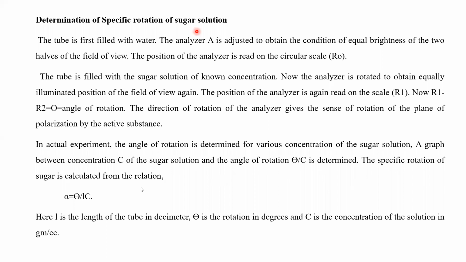The specific rotation is calculated as alpha is equal to theta by LC. Theta by c is determined from the graph. L is the length of the tube in decimeter, theta is measured in degrees, and C is the concentration of the sugar solution in gram per cc.